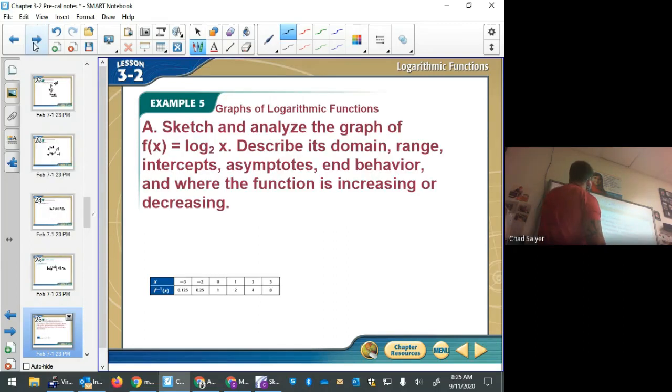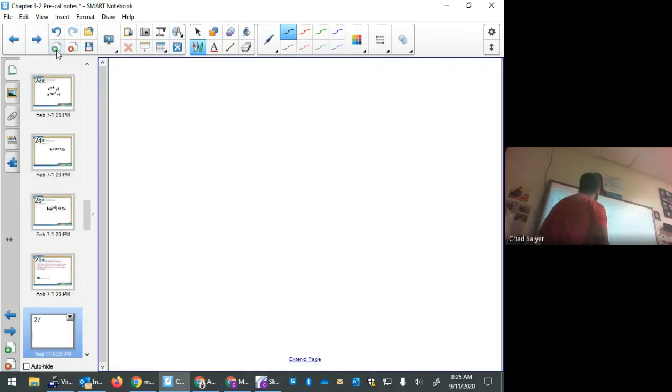All right, example 5. So let's talk about y equals log base 2 of x.